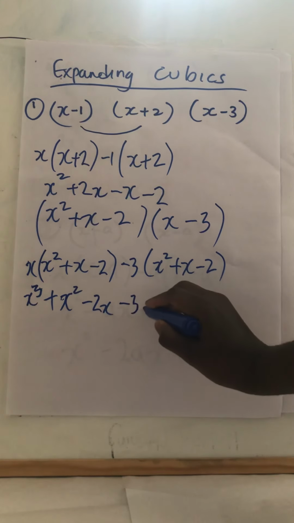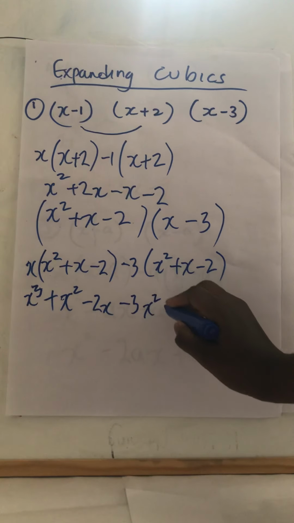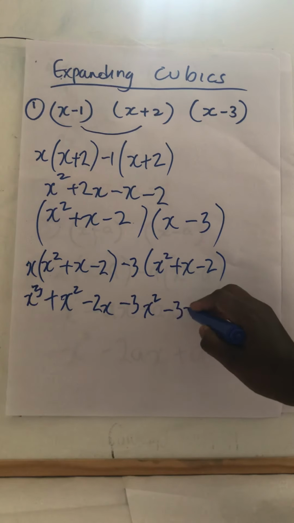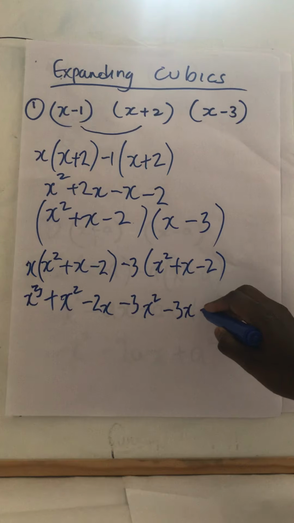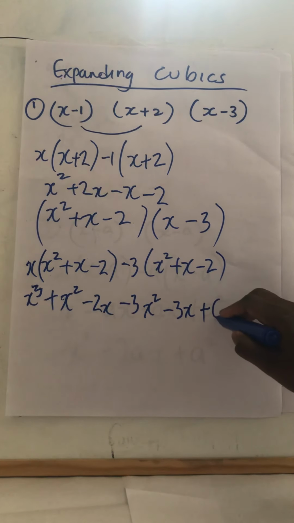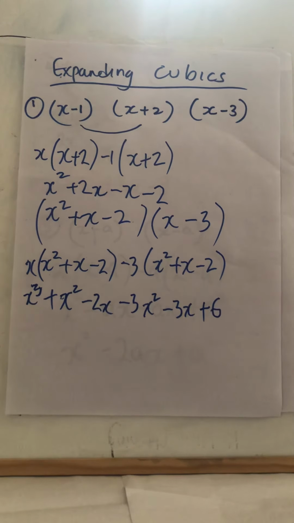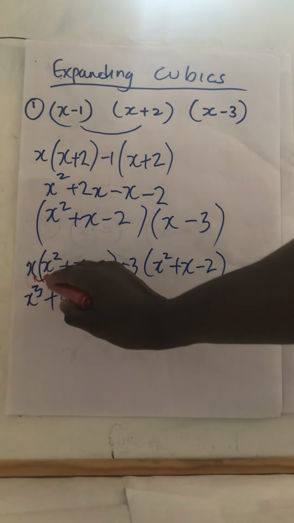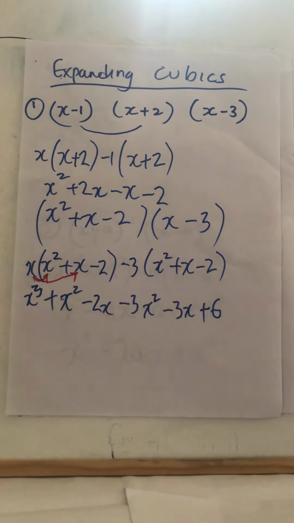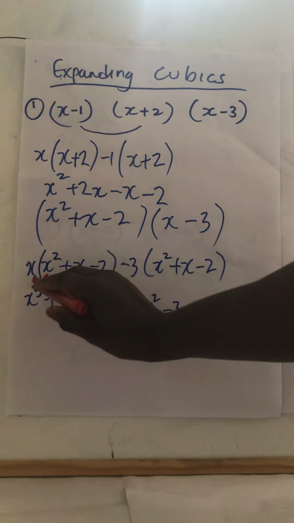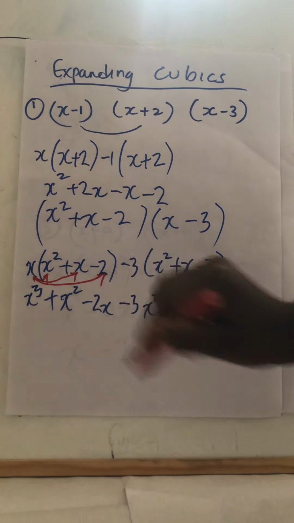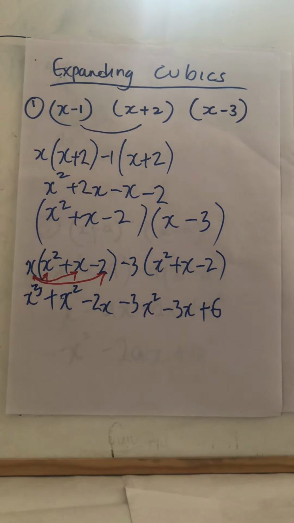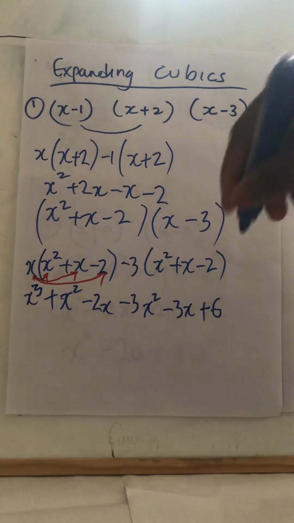Minus 3x squared minus 3x plus 6. Did you remember how we did it? This is x cubed. Then I'm going to multiply this and I get x squared, and then I get minus 2x.